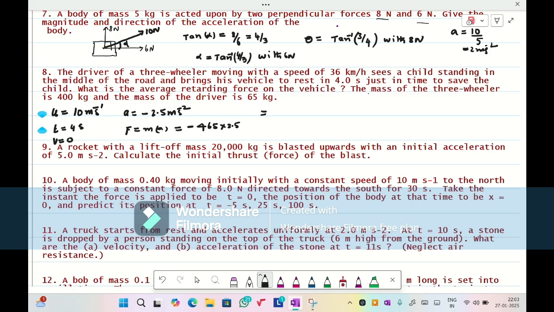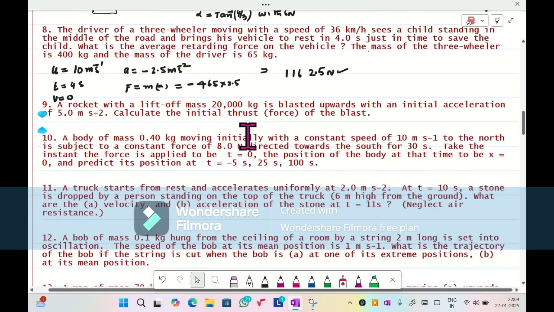So 25 times 5 is 125, 25 times 6 is 150, and so on, that gives 1162.5 newtons of force. This is the answer. So total mass I have to take here, 465 is the mass. 1162.5 newtons, or 1.1625 kilonewtons also I can write.